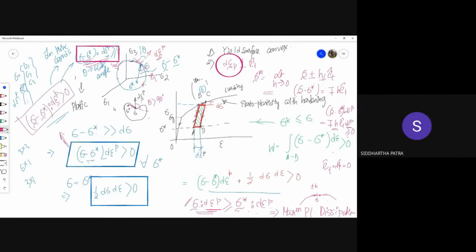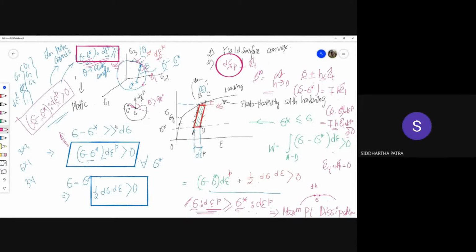Then you can identify the direction of the plastic strain increment, which is essentially normal to the yield surface. Okay, number one. And the other statement is if you are given a plastic strain increment, then you can identify what sort of stress it would assume on the yield surface.